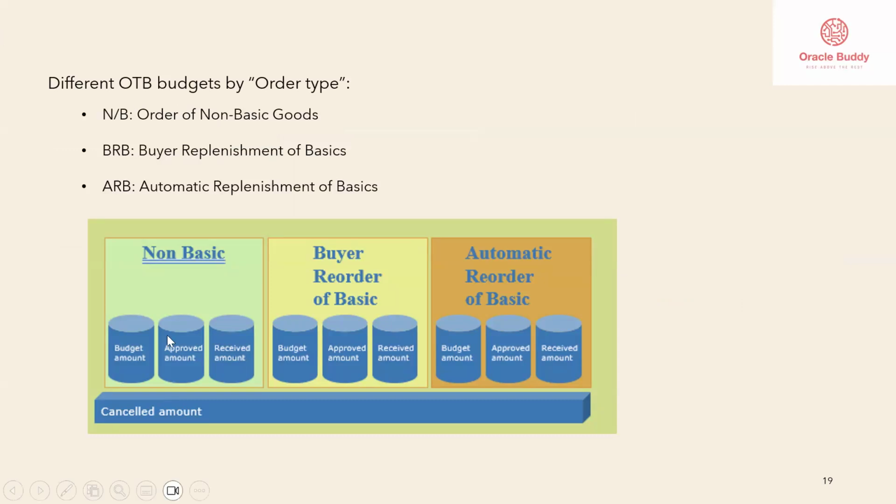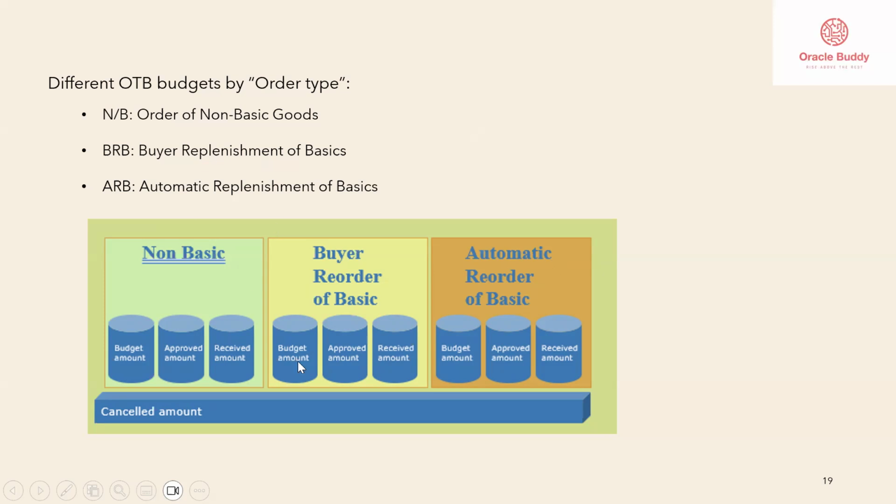So we have basically three order types in the PO receipt screen, which we have seen a few slides before. Here you can see order of non-basic goods, buyer reorder of BRB, buyer replenishment of basic, and ARB automatic.